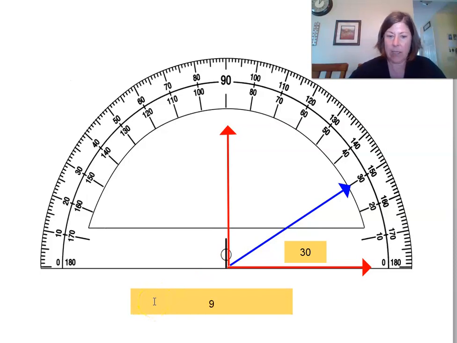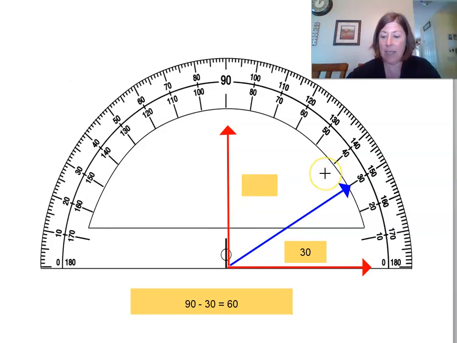Well, if I know I'm starting with 90 and then I just take away that 30, what do I end up with? You probably can do that in your head. 90 minus 30 is 60. So that means this angle here is 60 degrees. 60 plus 30 equals 90.